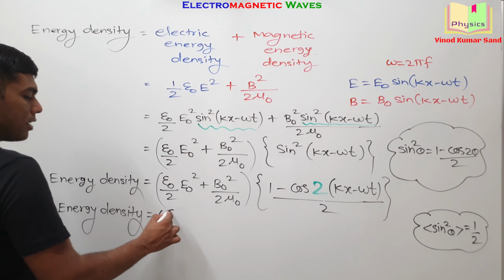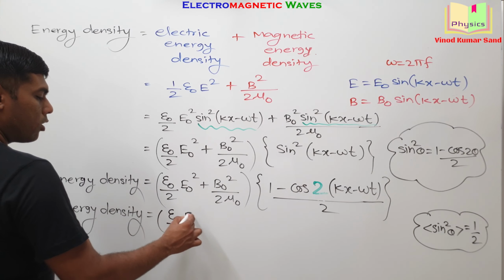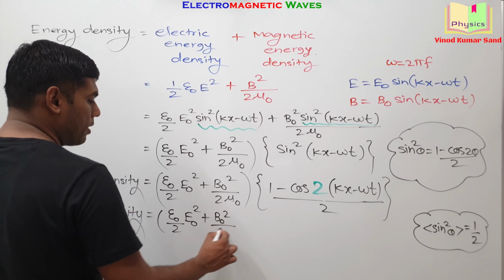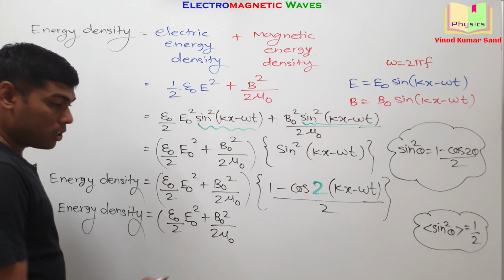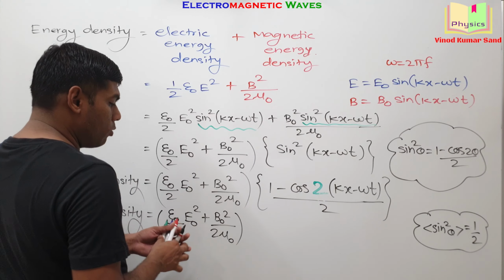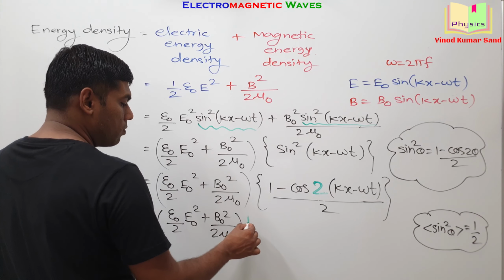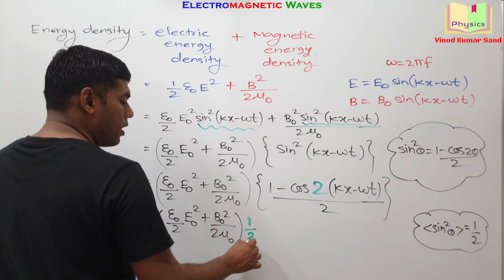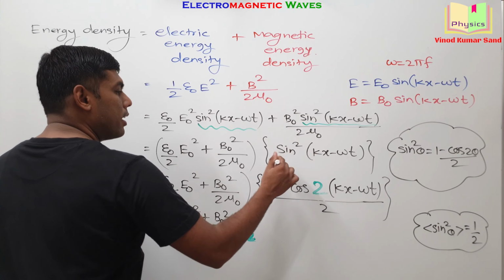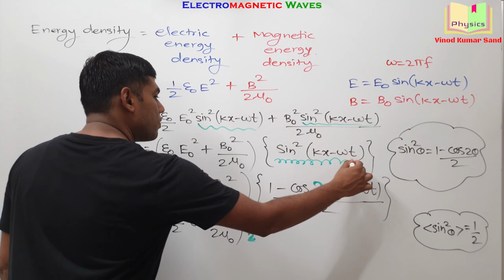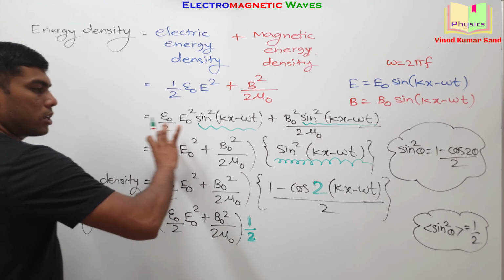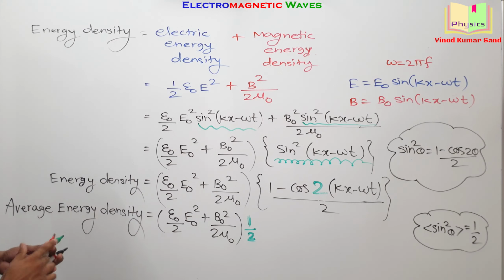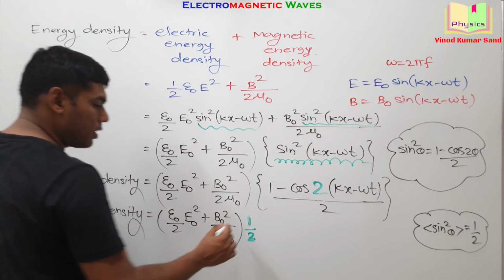So the average energy density will be epsilon naught by 2 E naught square plus B naught square by 2 mu naught multiplied with 1 by 2. From where is this 1 by 2 appearing? I am taking the average value of the sine square function. Okay, that is 1 by 2. We can simplify it further.